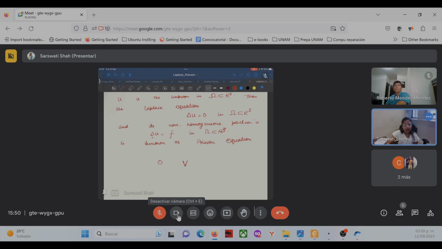If V is a potential, then the gradient of this V is known as the electric field. This is the physics. So the gradient of potential is the electric field. V is a scalar function, so the electric field will be a vector function, is it not?